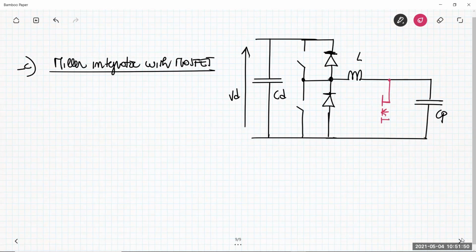I have a MOSFET. And I have a resistor RI, and a capacitor CI.